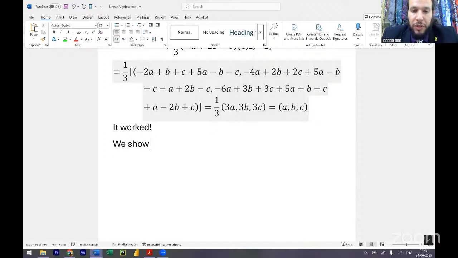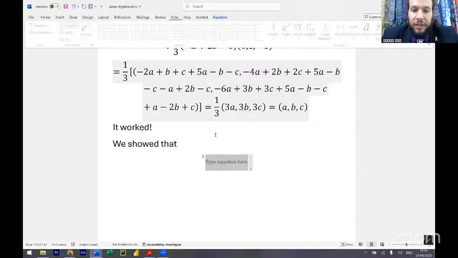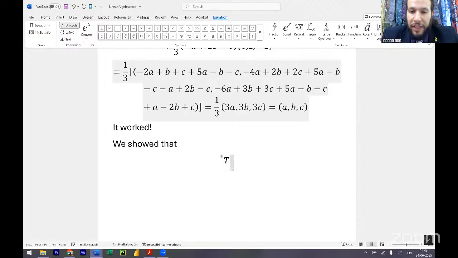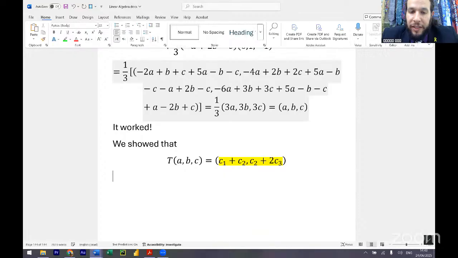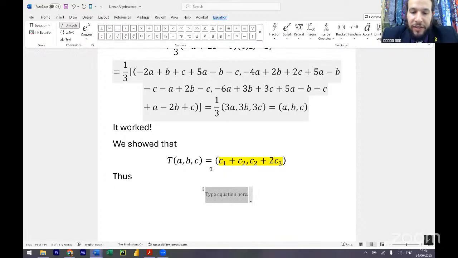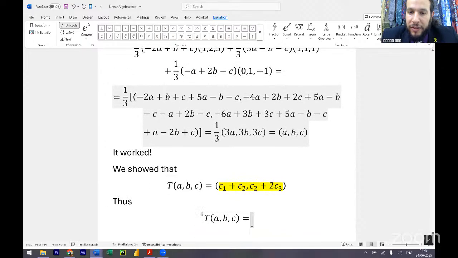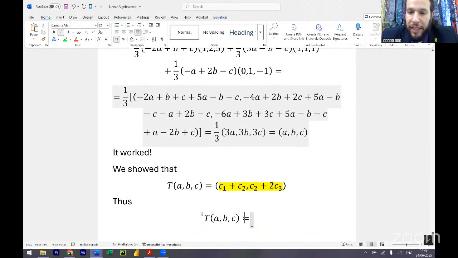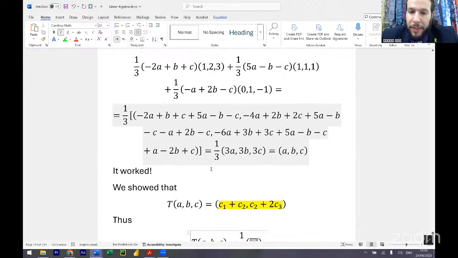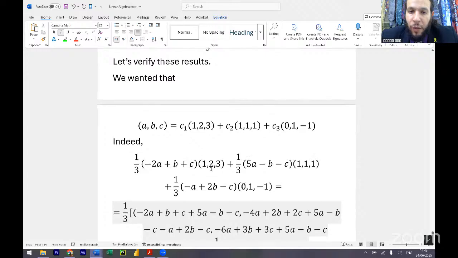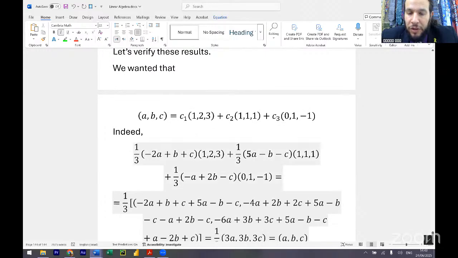And we showed that T of A, B, C equals that, which is, and thus T of A, B, C equals, so what is C1 plus C2? So again, I will take a third as a common factor to make my life easier. So what's C1 plus C2?